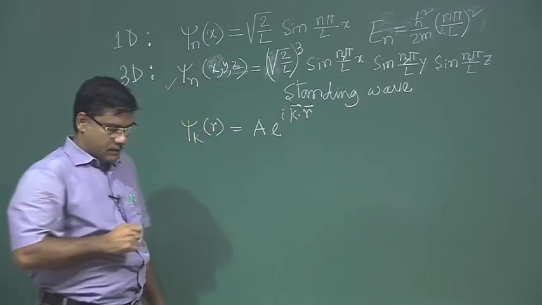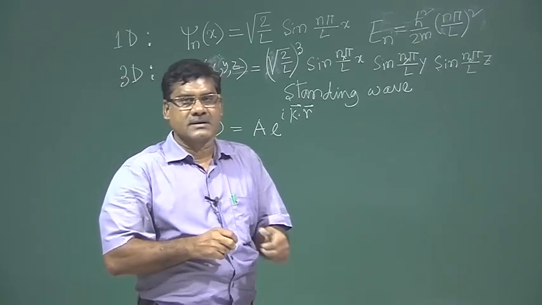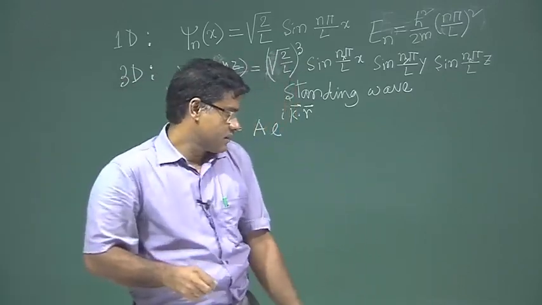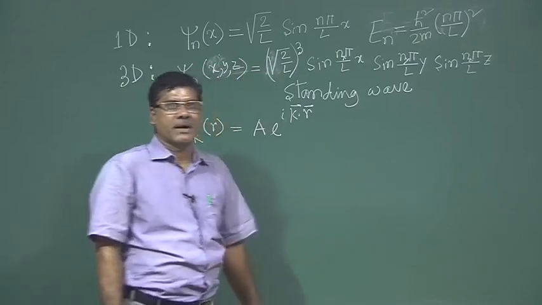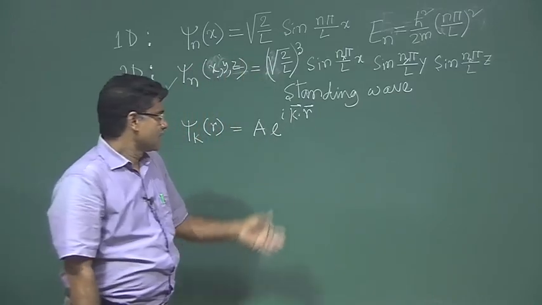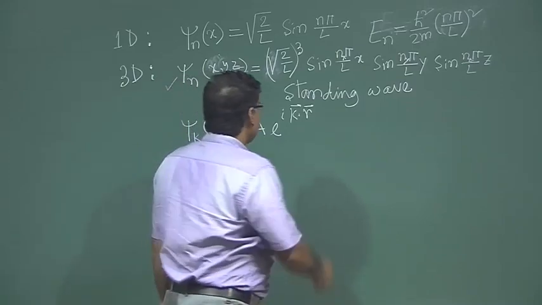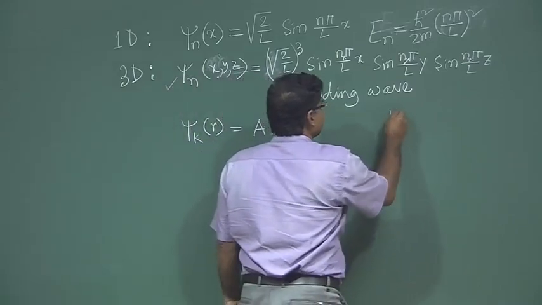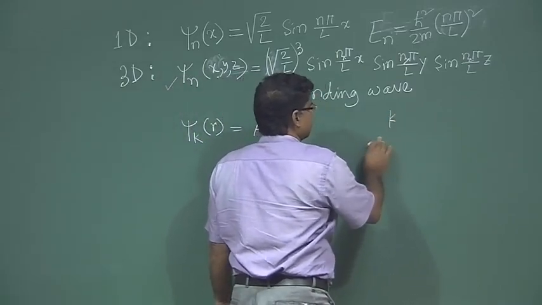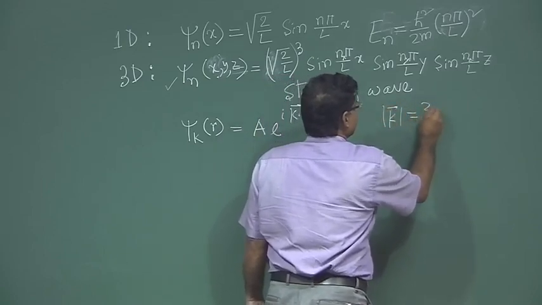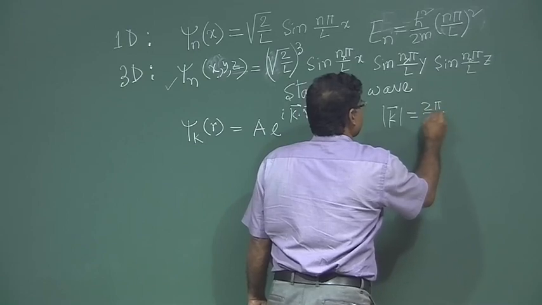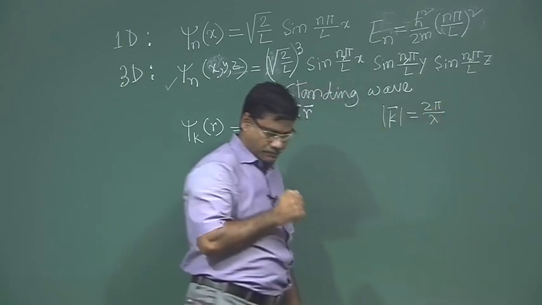The omega t part is not necessary because we are interested in the time independent case. So, k is basically the wave vector, that is 2 pi by lambda.